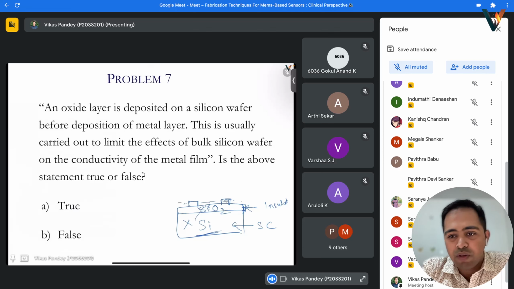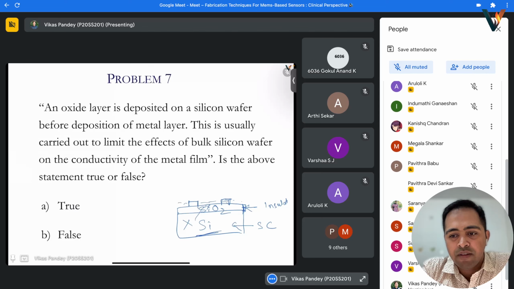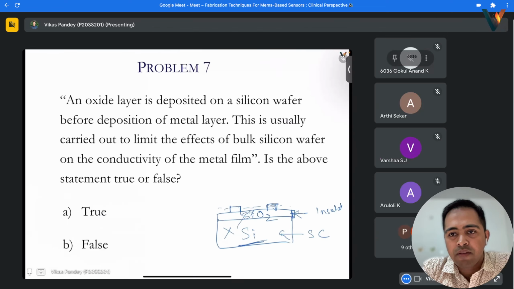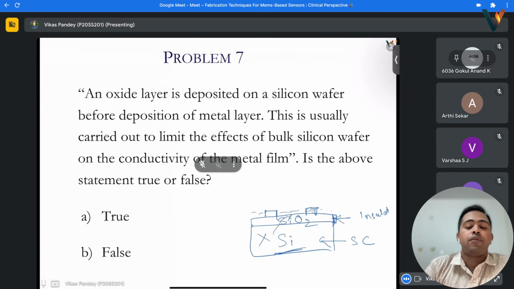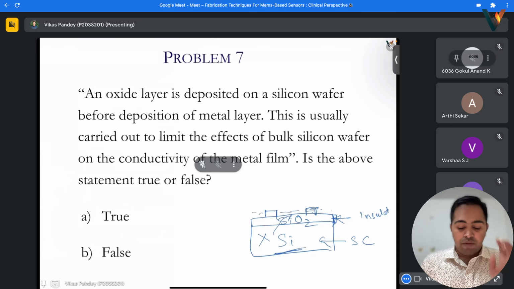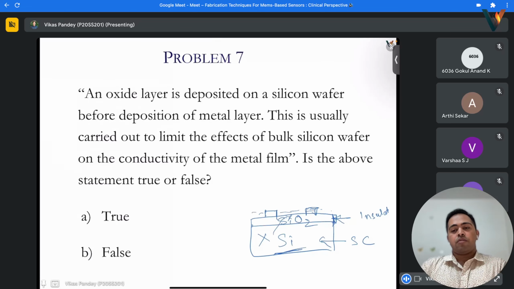Swati, Swati Murugesan, am I audible to you? Okay, not an issue. So what will it be? True or false?